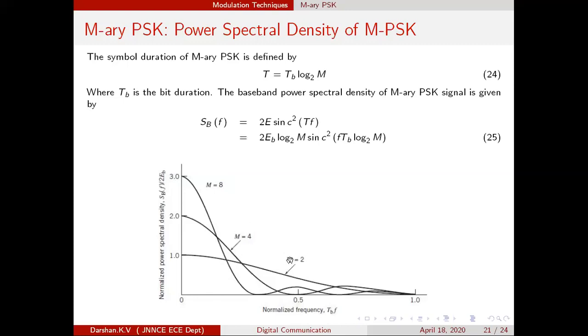This information is obtained by observing this particular curve. So if you increase the value of M, what would be the bandwidth occupied by the signal? The bandwidth occupied by the higher order PSK is less when compared to the others.